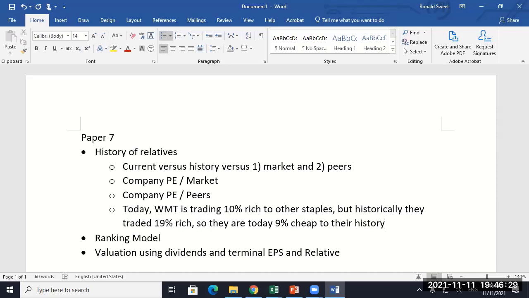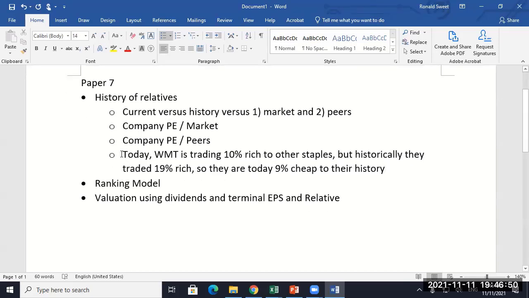Why do we say that? Well, because Walmart might trade rich to the industry because they're less risk. They have lower betas. There may be perfect reasons why they trade rich to staples, but why are they cheaper today than they've been over their history? Just because they're a much bigger firm now, they can't grow as fast. I doubt it's because they're riskier today than they were.